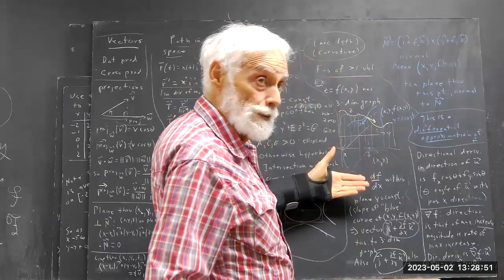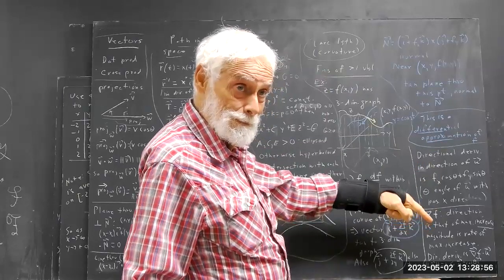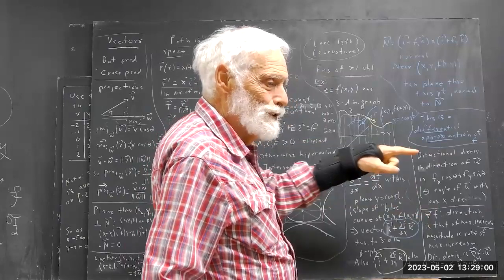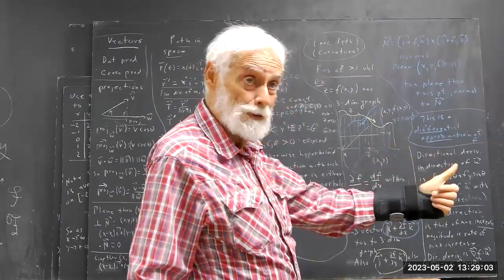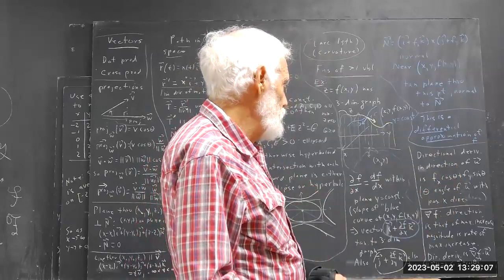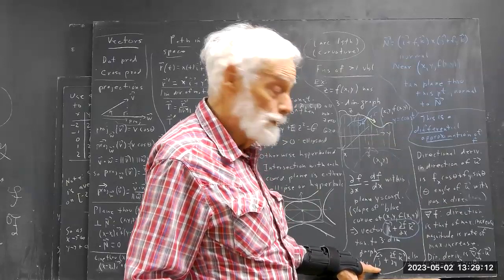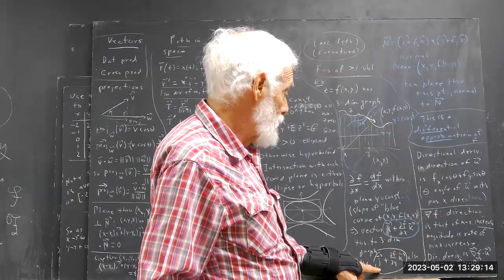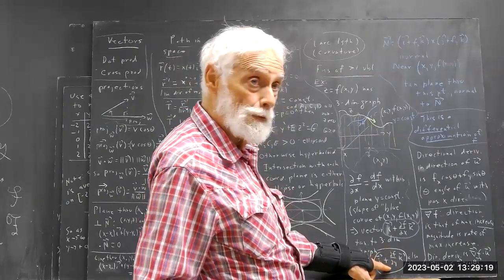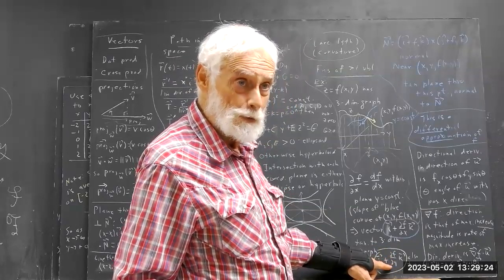In the X equals constant plane, it's Y that's varying, and Z. So the slope is the change in Z divided by the change in Y. If the change in Y is 1, the associated change in Z is the partial derivative with respect to Y, because that's the rate at which this value is changing with respect to Y.